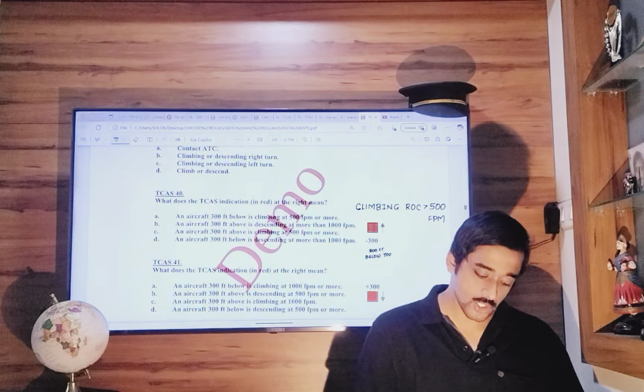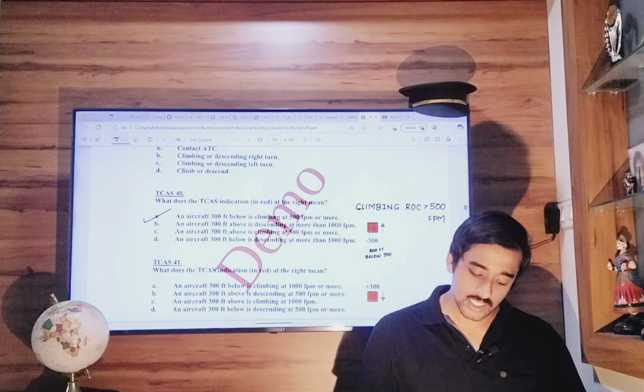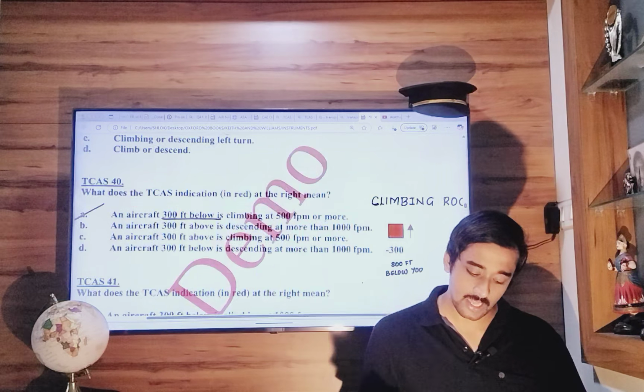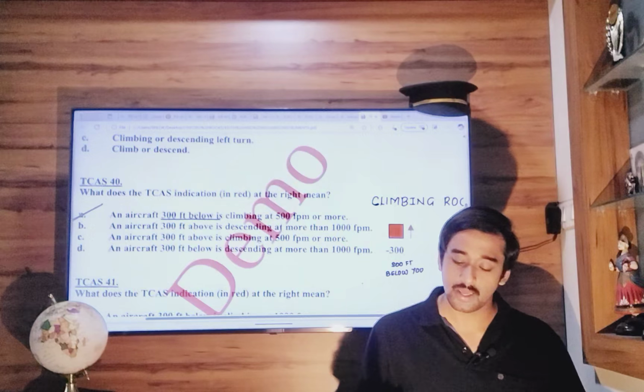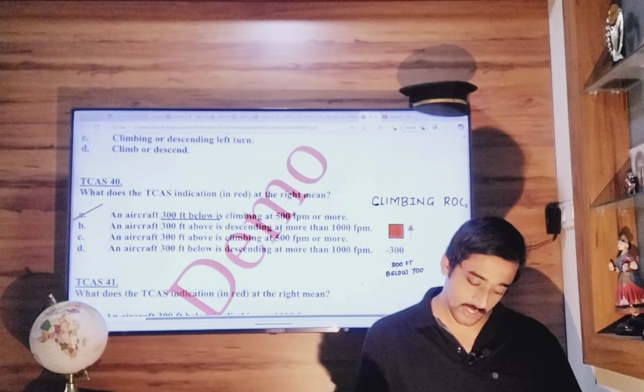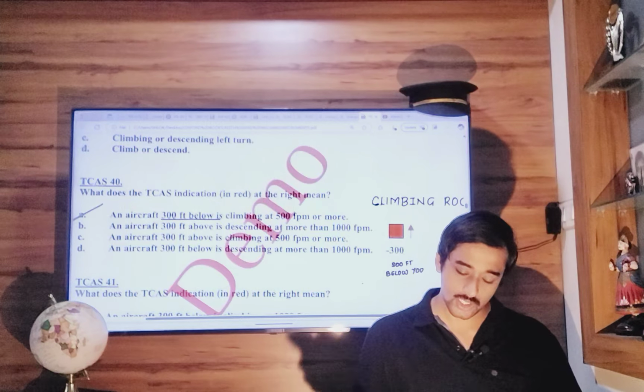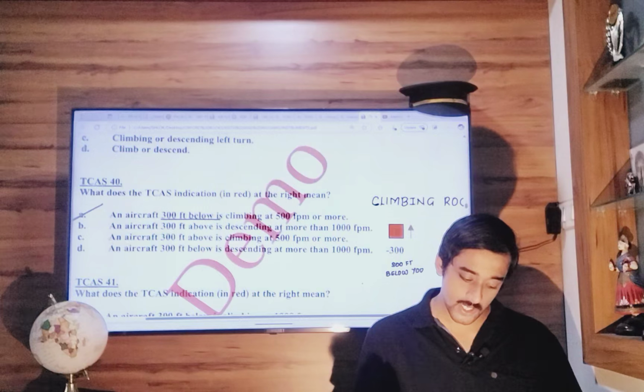Correct answer is option alpha. An aircraft which is 300 feet below is climbing at 500 feet per minute or more. So 500 feet per minute or more, equal to 500 or more than that. Pay attention to this keyword.